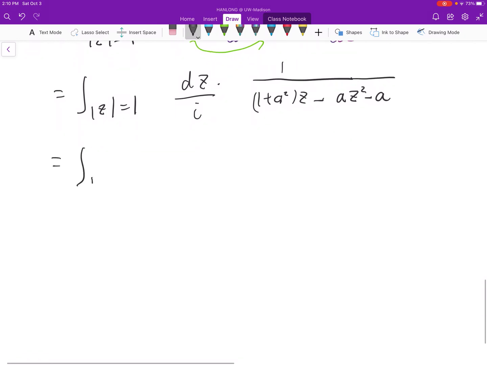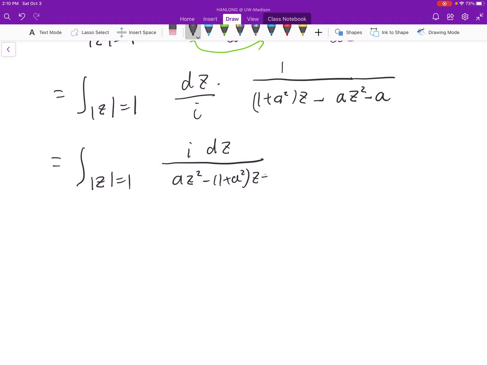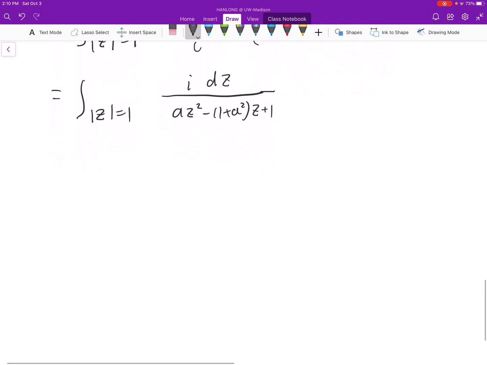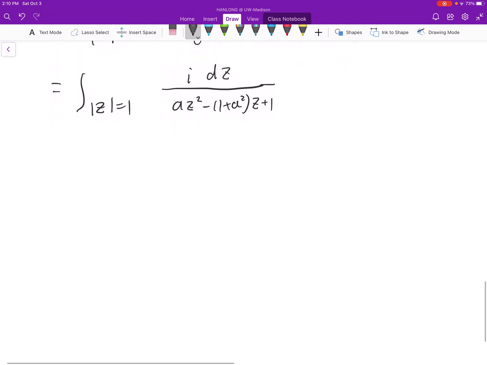We simplify a little bit by flipping i to the numerator. So you have i dz over a z squared minus (1 plus a squared) z plus a. So your integrand is a holomorphic function i over a z squared minus (1 plus a squared) z plus a.